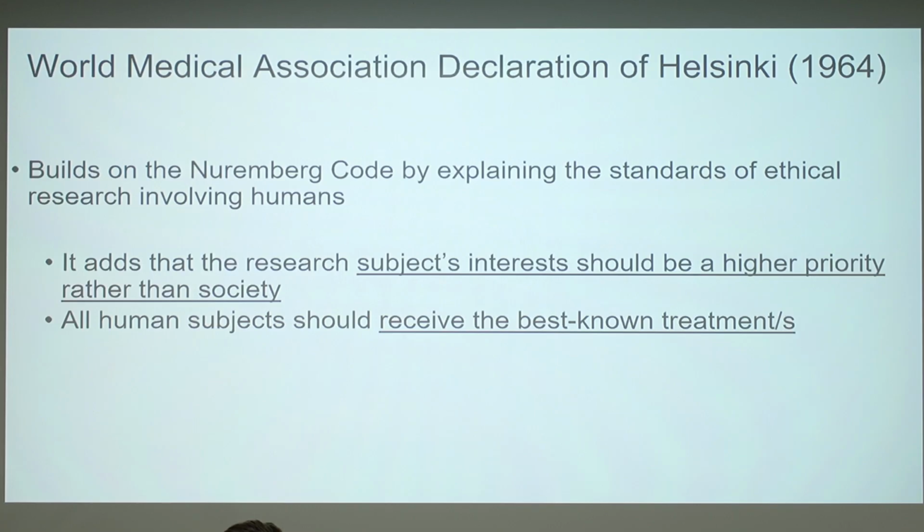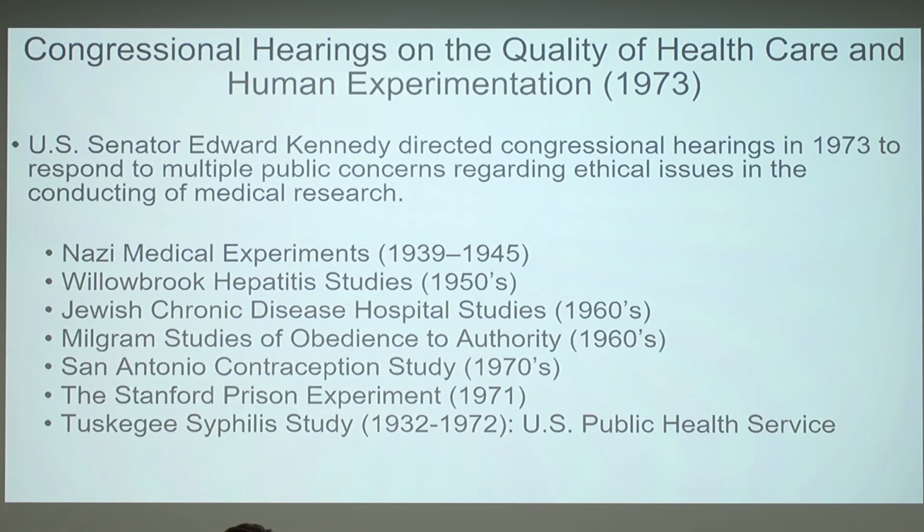And so even after these two regulations or acts were passed in terms of human research, there were still a number of cases of unethical research occurring in the United States up until about 50 years ago in the 1970s, even here in San Antonio.